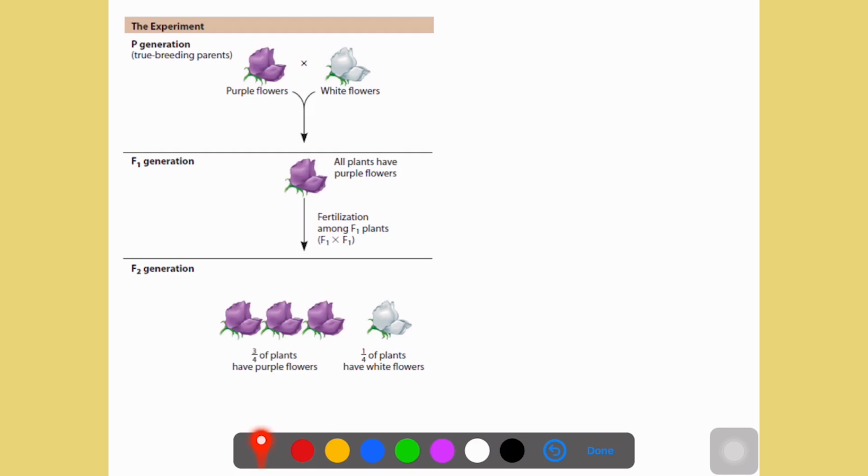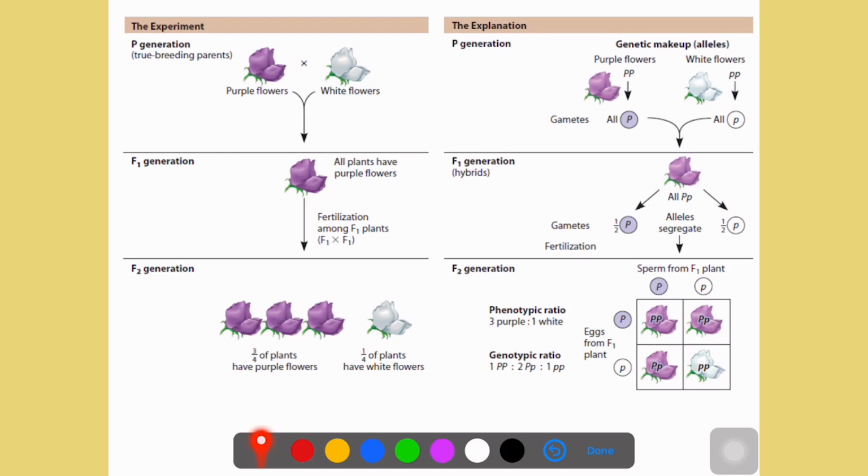So in his explanation part, right, whatever he has observed in his experiment, he wrote down the explanation in such a way that he provided genotypes for each of the plants. Since the parental generation plants were true breeding plants, he made sure that the genotype of the parents were homozygous. So this is a homozygous purple, this is a homozygous white plant.